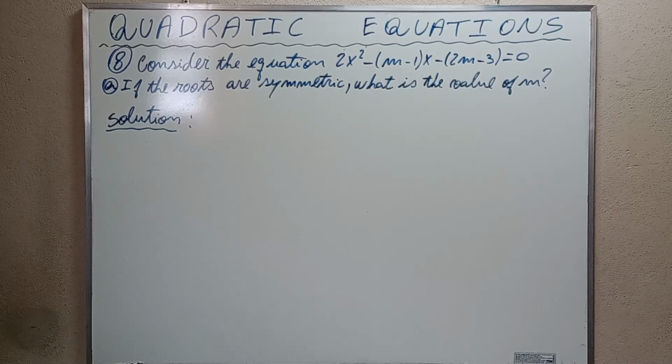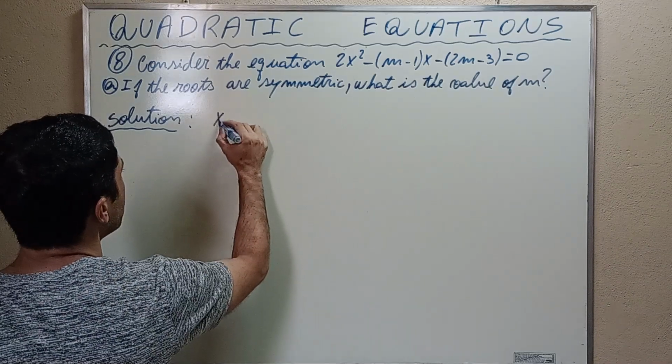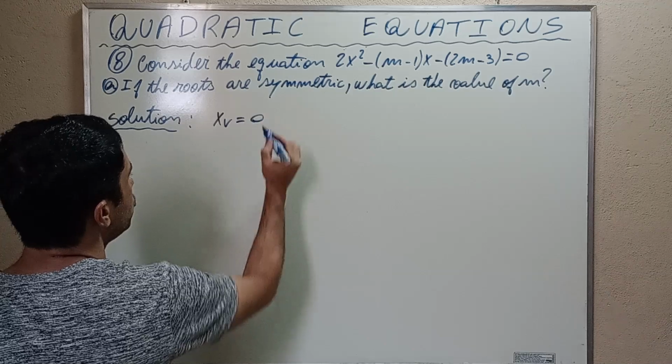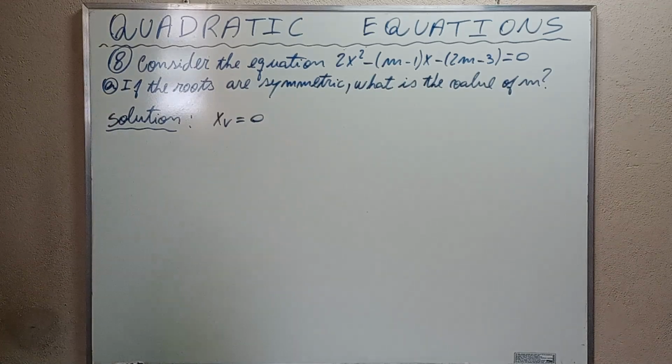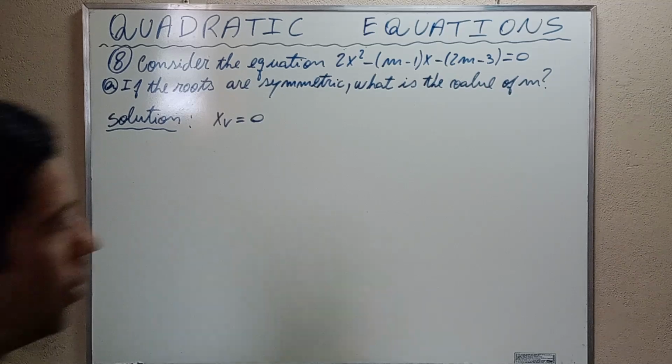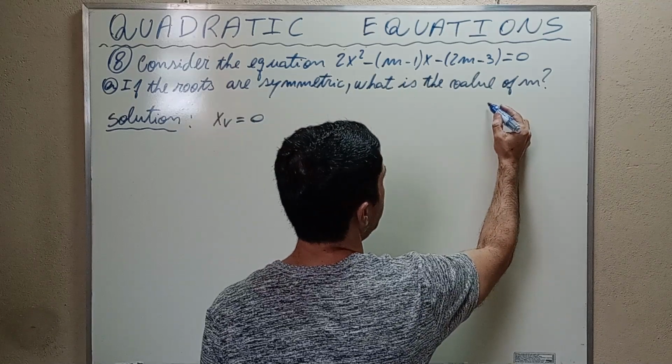The roots are symmetric when xv is equal to 0. Okay? If the roots are symmetric, xv is equal to 0, in which xv is the x-coordinate of the vertex of the parabola. Okay? We've got a parabola here.